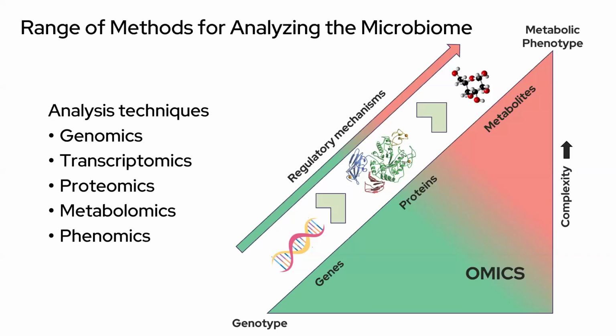Fortunately, at the end of this chain is phenomics, which is the terminal output of all of the regulatory mechanisms within the cell and what Biolog assays measure. Now, from my point of view, no omics approach is complete without phenomics data serving as the final output and capturing all the complexity within a cell.